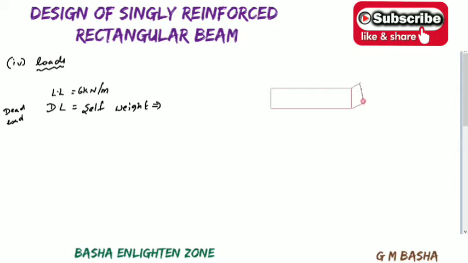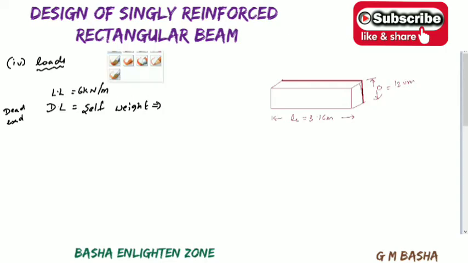I am taking the width of the beam like this. I am showing the beam in three-dimensional view. Here we already took the effective length of this span as 3.16 meters. So already we know the overall depth of the beam, which is 120 mm.